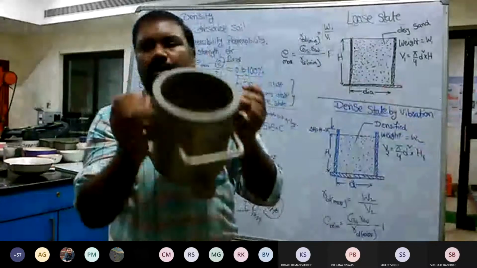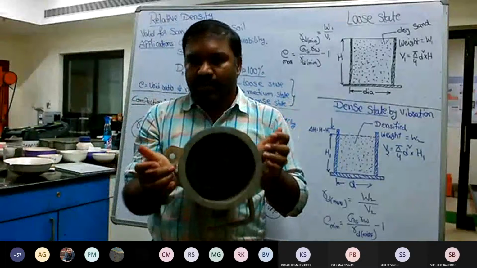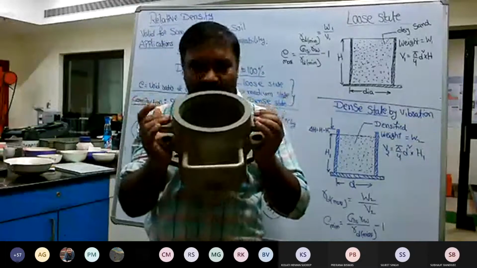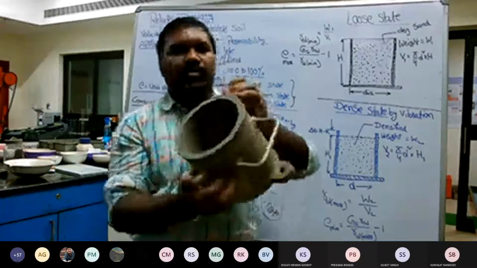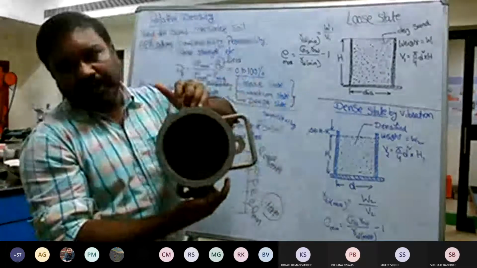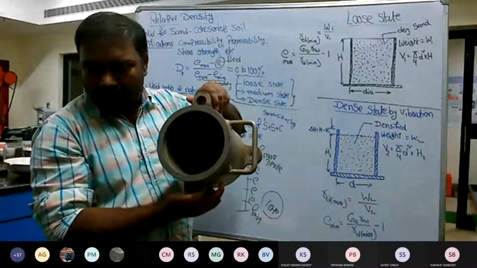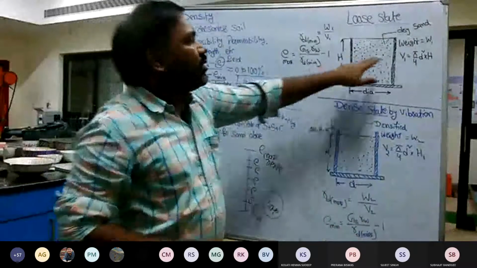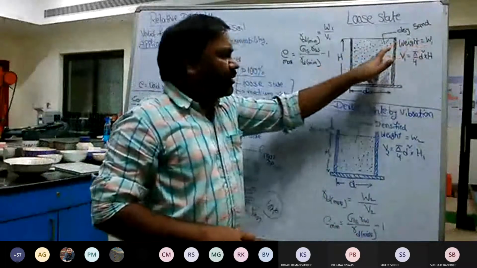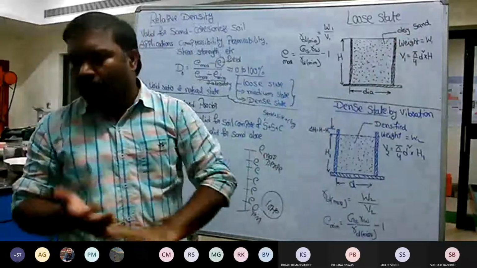Now, this is the empty mold. I can record its weight, and once it is filled with the sand material, again I can record its weight. I know the diameter and height, so I know the internal volume of this mold. Once I fill this mold with the sand, I know the weight of the sand that I have filled.